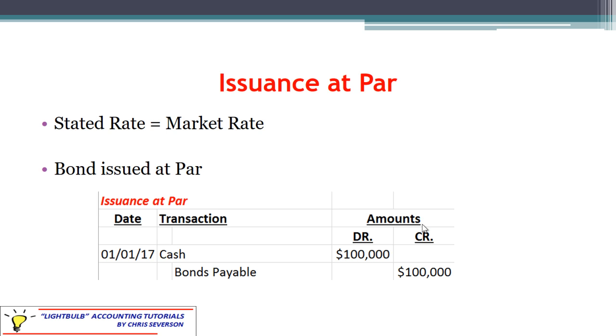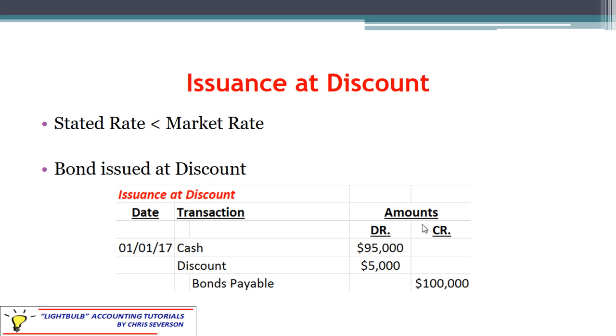In this case, it's $100,000. We would also be crediting bonds payable to show that we owe $100,000 in the future. That's our journal entry for the initial issuance. Again, we'll be discussing the interest payment, the retirement of the bonds in later modules.